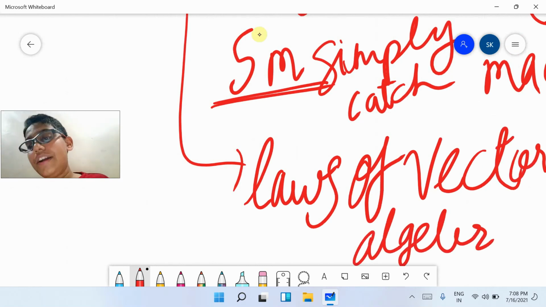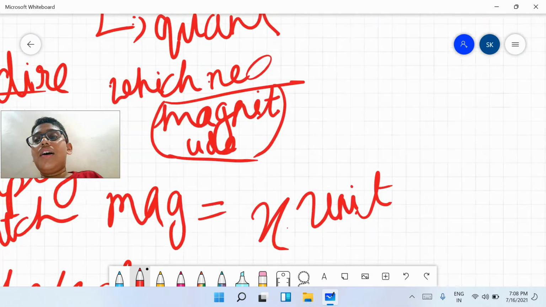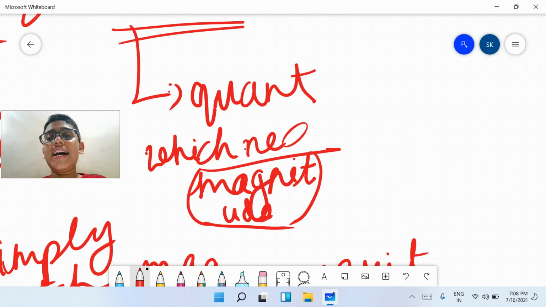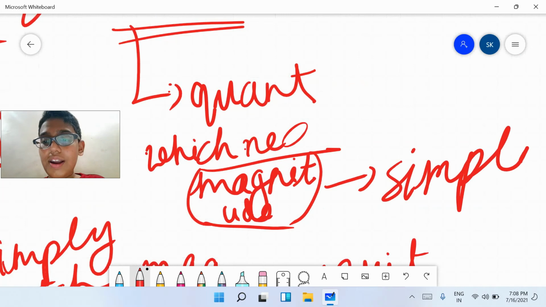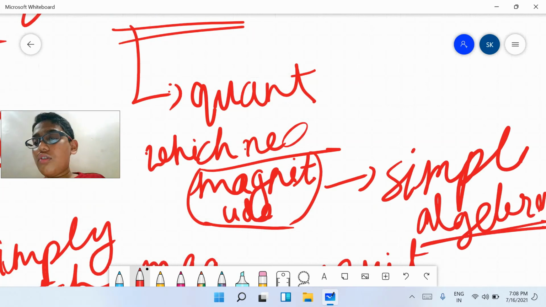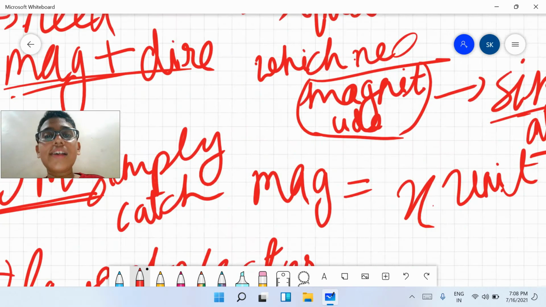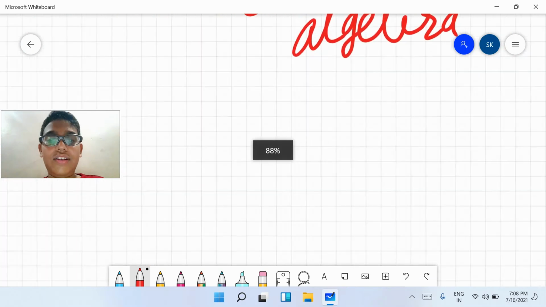This is a completely different part of arithmetic, or we can say algebra, and scalars follow simple algebra, like addition and subtraction, which are normal addition and subtraction there, but here trigonometric functions are involved. We are going to talk about them, don't worry. We are going to start from very basics and go to a very high level.